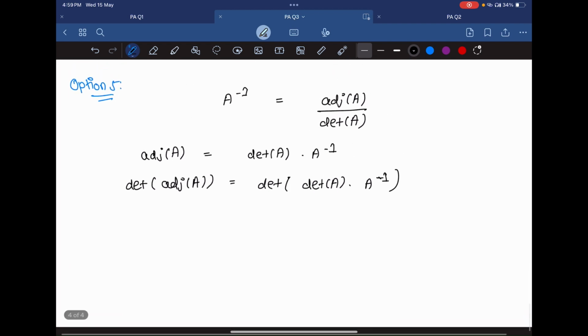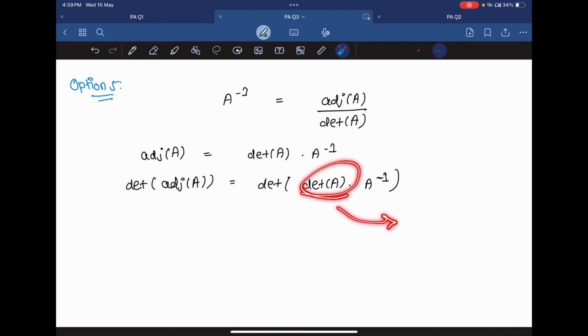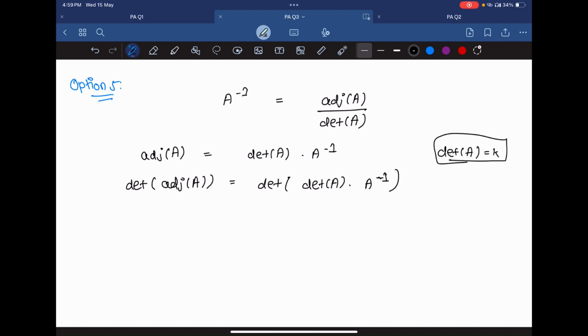Now this determinant of A is technically some scalar number. So let's denote this determinant of A to be some k, as it is some scalar number and it is getting multiplied to this matrix A inverse.